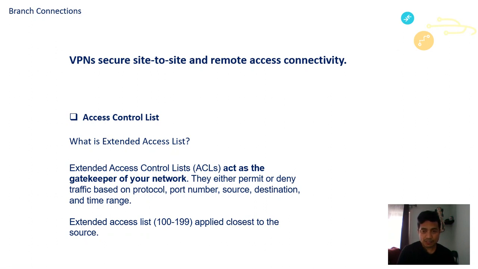So I think the extended access list is more specific, because you can allow or deny a specific port, the source, and the destination. Extended access lists, numbered 100 to 199, are applied closer to the source. We'll see in the configuration how it works.